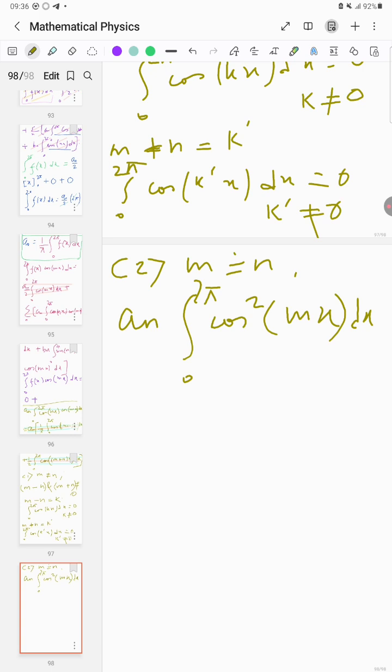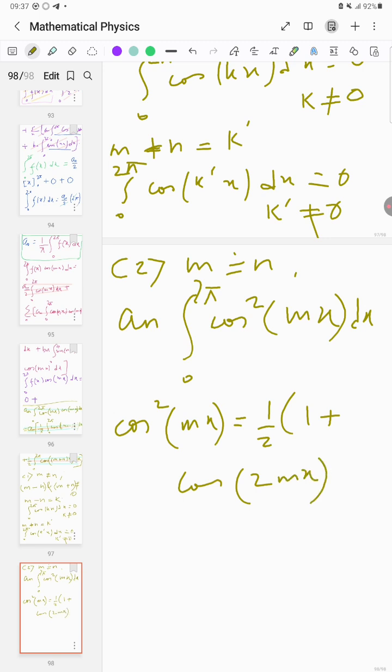So moving the terms from the left hand side to the right hand side and vice versa, we can say that cos square mx, that is cos square theta, can be written as half of 1 plus cos 2 theta, that is 2 mx, isn't it?